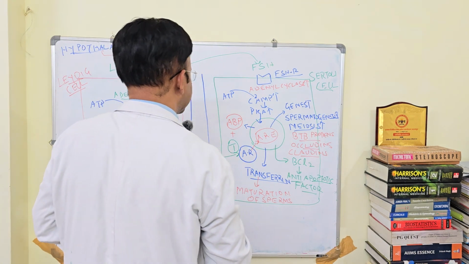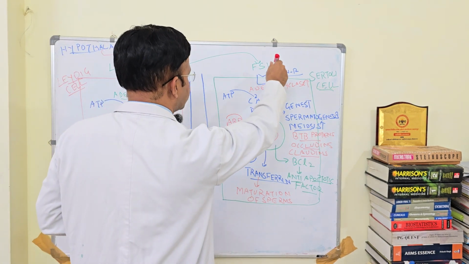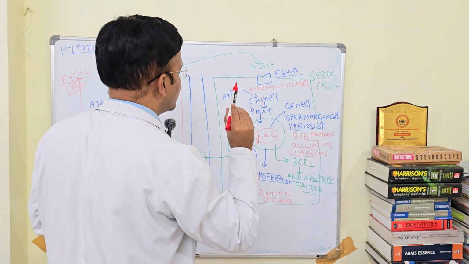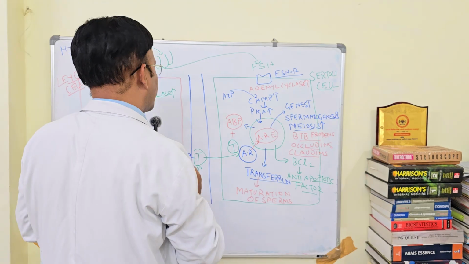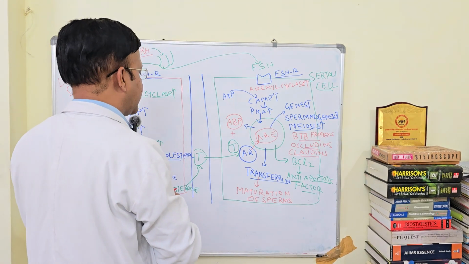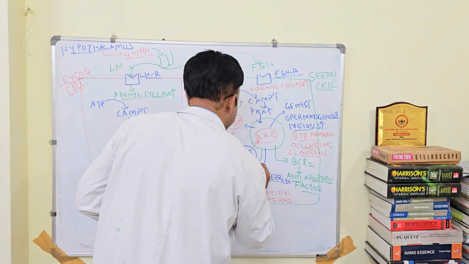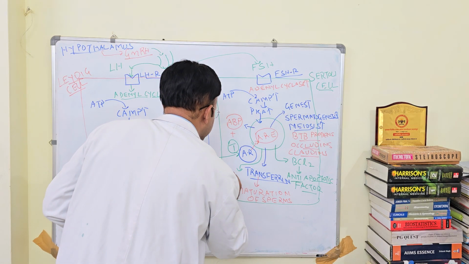Apart from that, this action of FSH on this nucleus is also going to increase the amount of one very important enzyme, and that enzyme is aromatase, right? It will increase the synthesis of aromatase enzyme.